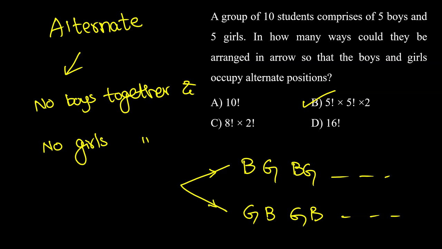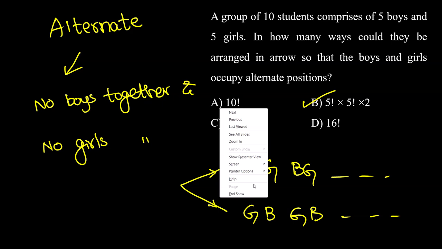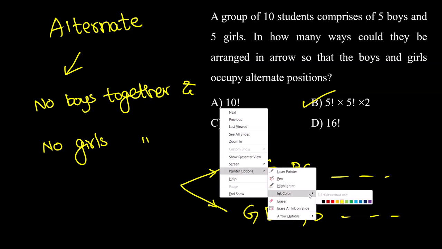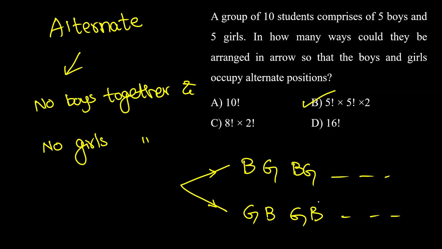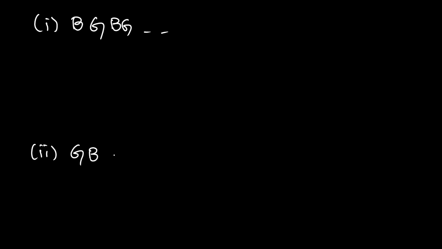5 boys and 5 girls, alternate question. Right, so there are two ways as we just discussed, starting with boy or starting with girl. If I want to start with boy, I have to arrange boys.